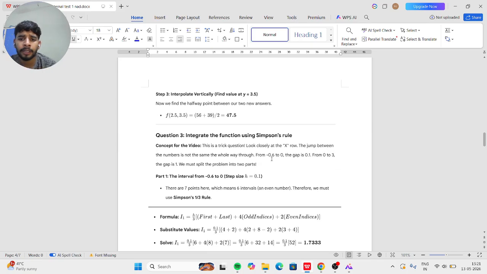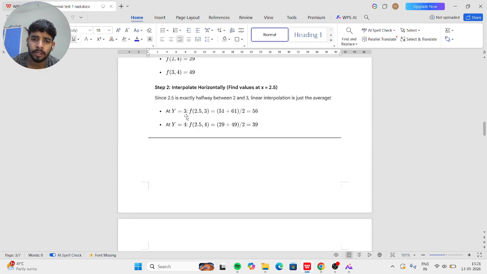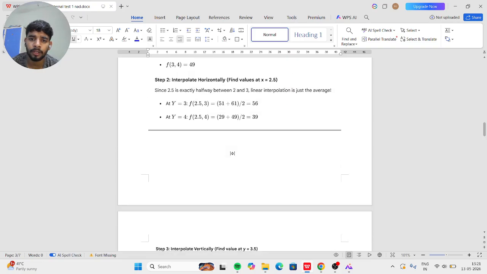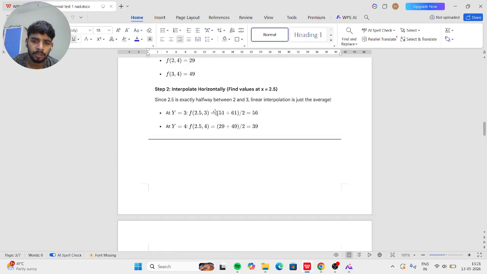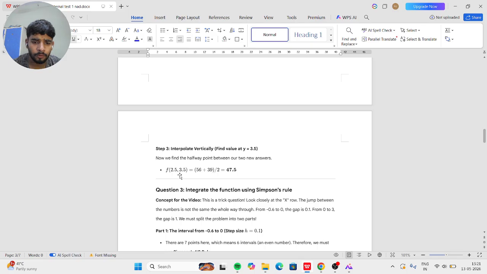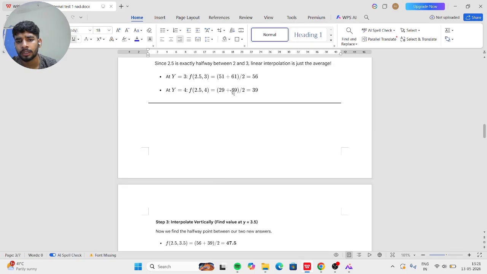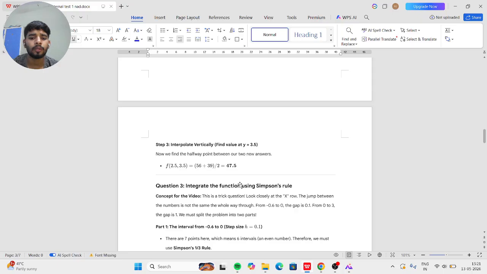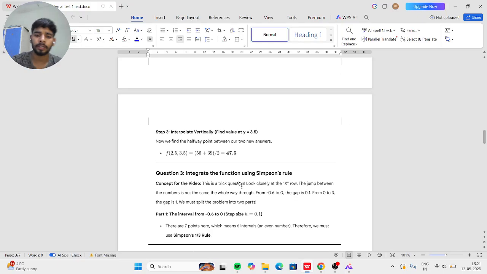And finally, for y equals 3.5, you see that the value at 3.5 will be between these two, so we will find the average of these two. So f(2.5, 3.5) equals 56 plus 39, the results of these two, divided by 2. So we will get 47.5 as our final answer.